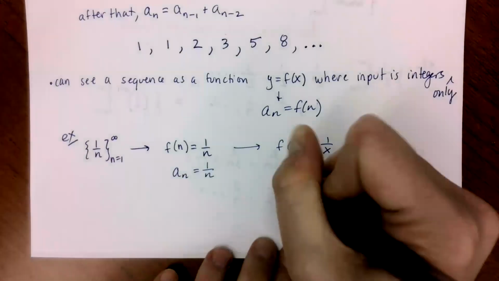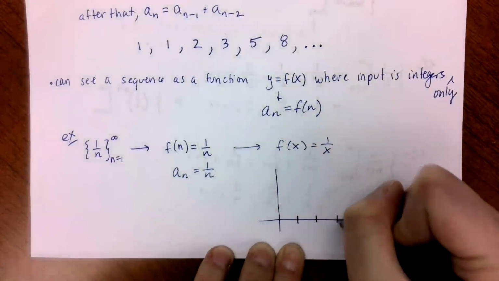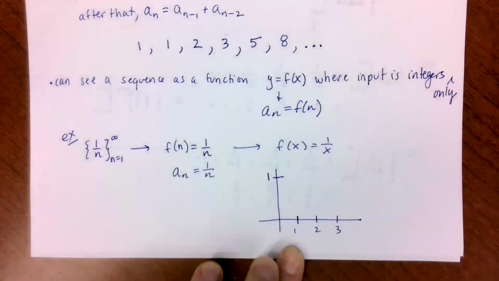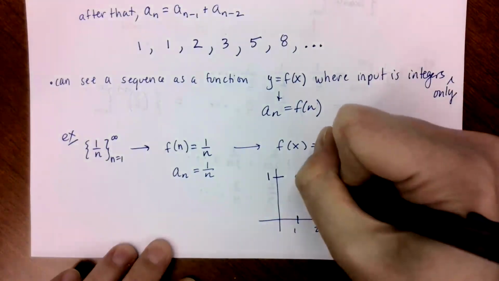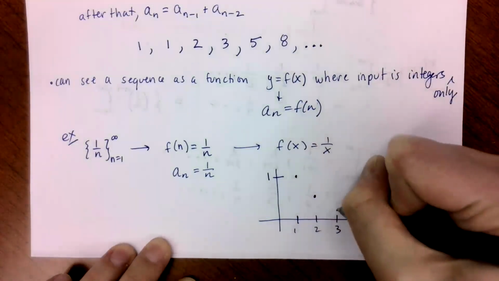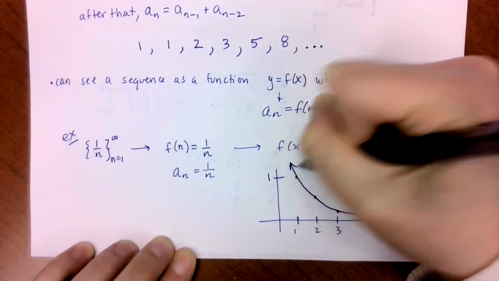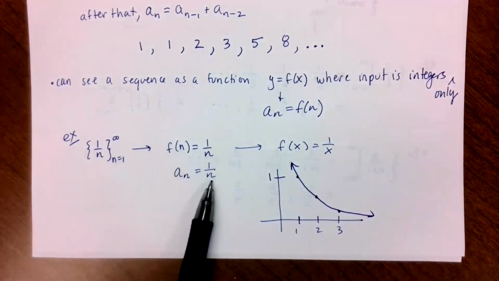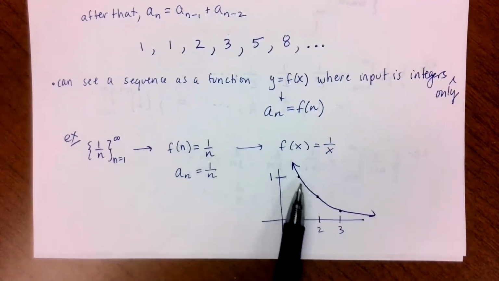So f of x equals 1 over x. Let's say this is 1 way up here. So 1 over x, if I plug in 1, I get 1, at 2 it's a half and a third. So we get this like curve this way. If we're graphing a_n equals 1 over n, or you can think of it as f of n equals 1 over n, it creates the same shape.